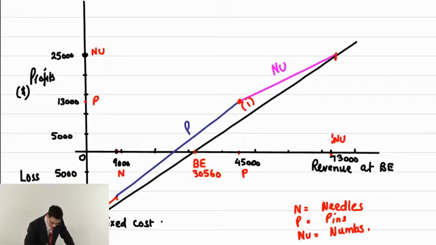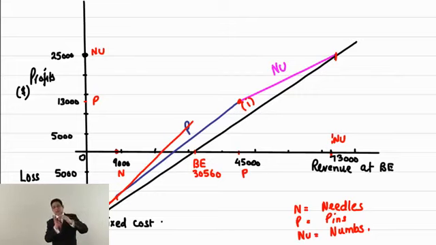The gradient of N is like this, that if we were extending, this N was going like this. But as soon as we added P, the line has tilted downwards. And that's not the end.